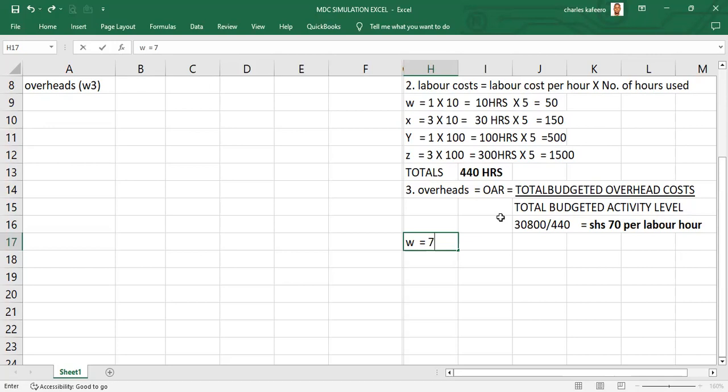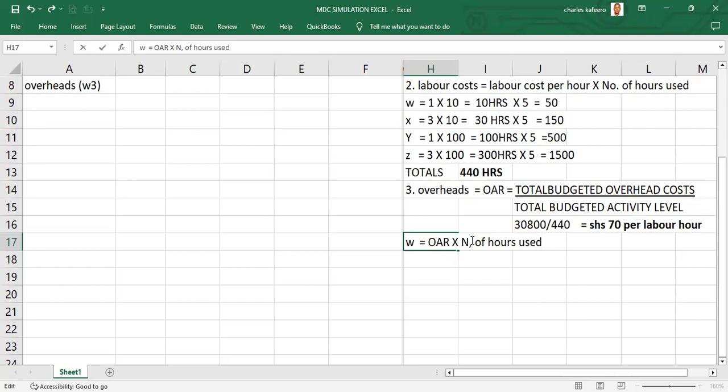So for product W, it's going to be the OAR times the number of hours used.